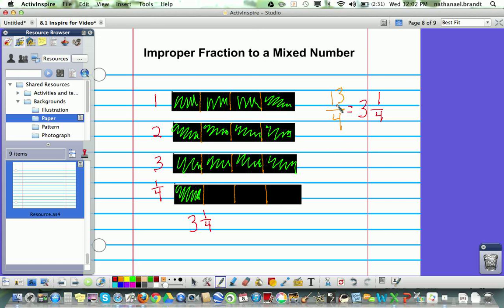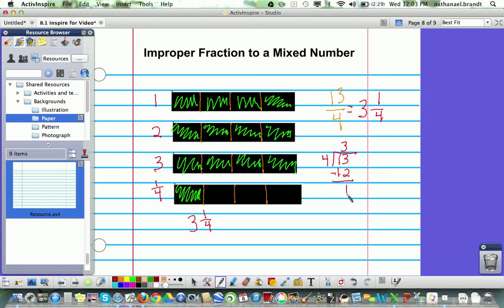So we're going to take 13 divided by 4, and we know that if I have 13 apples, I could make 3 piles of 4 apples. So that's 3. 3 times 4 is 12.